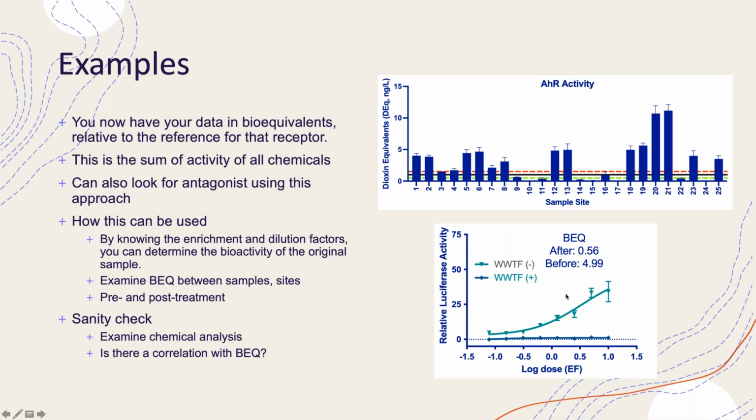Are you seeing a lot of estrogen-like compounds in the pre-treatment that we have degraded in our post-treatment? So you can start to make sure that your bioassays are complementing what you're seeing with your chemical analytical tools.